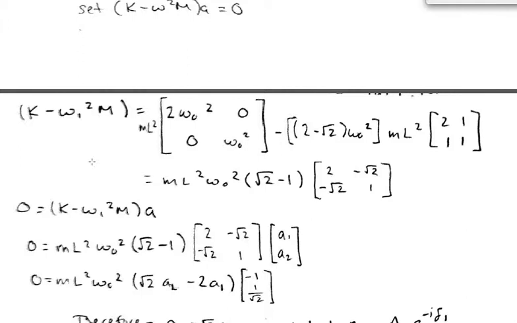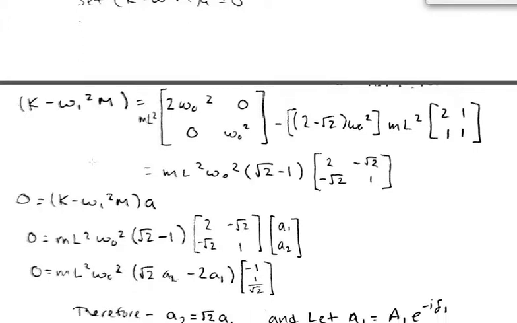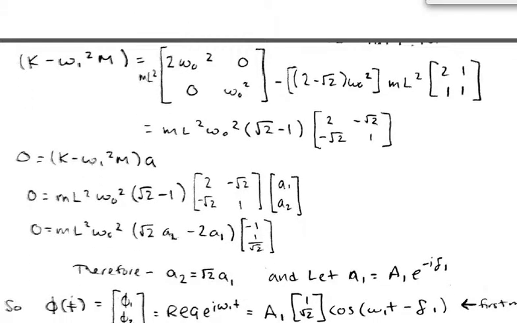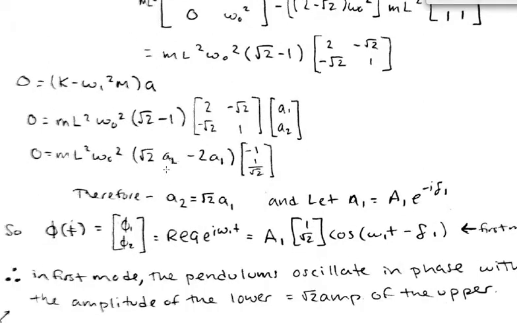So in case 1, you substitute in omega 1 and reduce to get this equation, and now we're setting that equal to 0 and multiplying by A, and you get this equation. And the only way it can be satisfied is if a2 is radical 2 times a1.